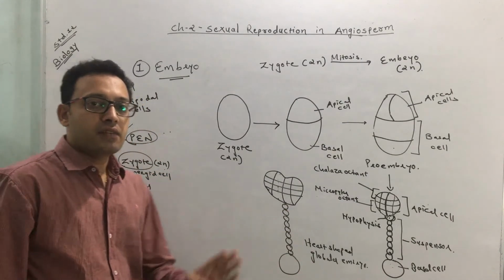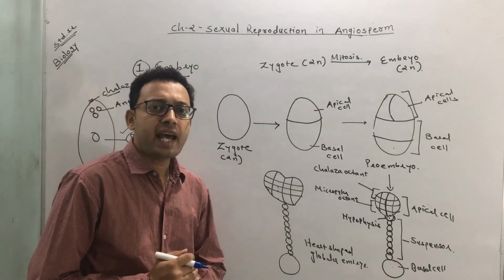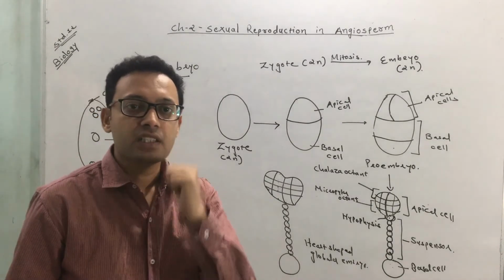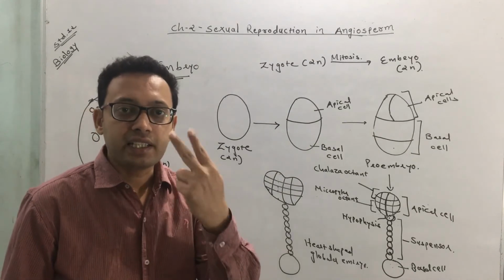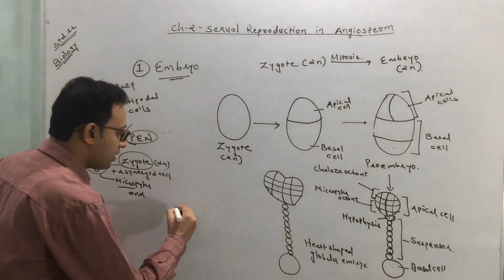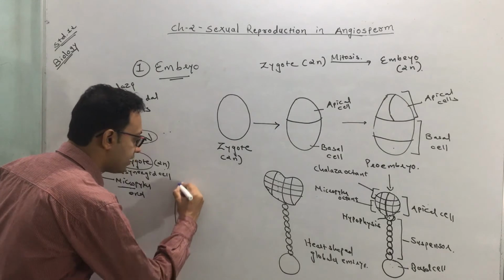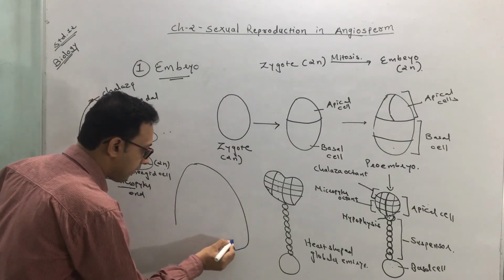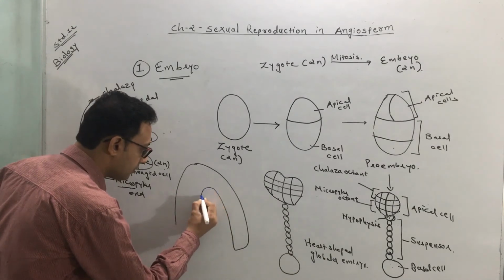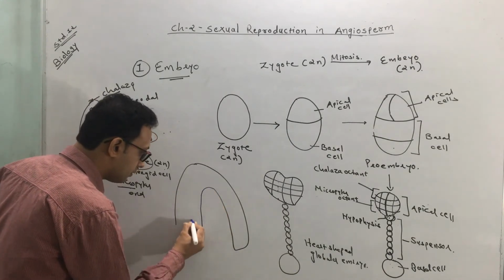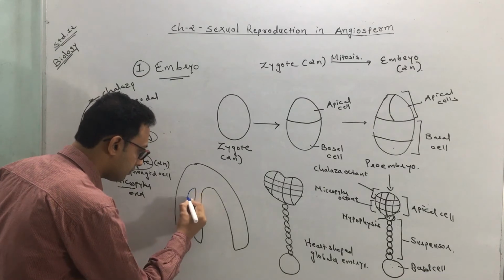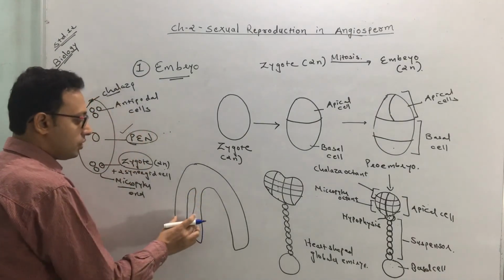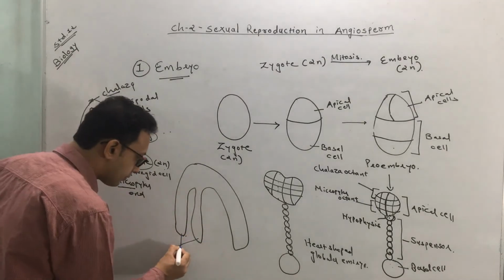Now we are discussing a dicotyledonous seed. You know that a dicotyledonous seed, that means it contains how many cotyledons? It contains 2 cotyledons. So what does it lead to? It leads to the formation of 2 cotyledons. So these are 2 cotyledons.